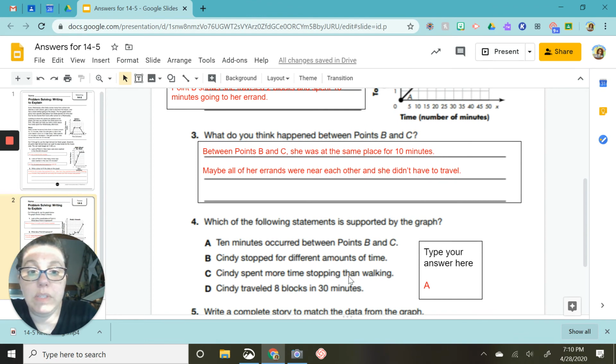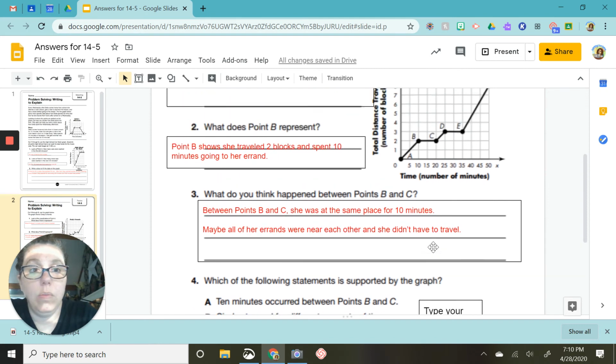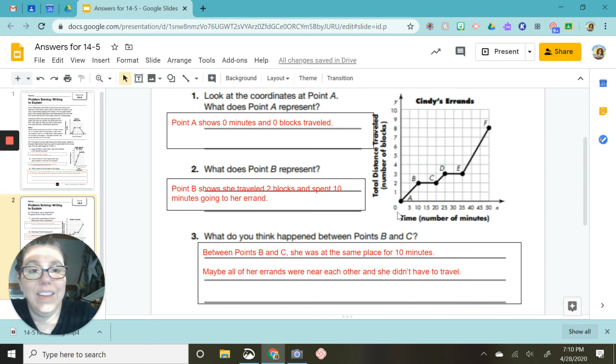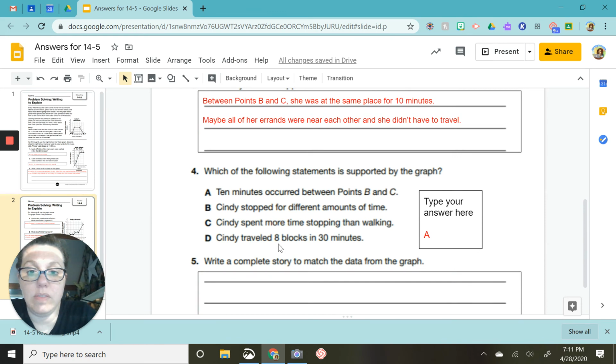Cindy spent more time stopping than walking. Well, we don't really know that either because we don't know what she is doing between B and C and D and E. We don't know if she's stopping or if she's just walking along the same block or spending some time in a store. So I don't think so.